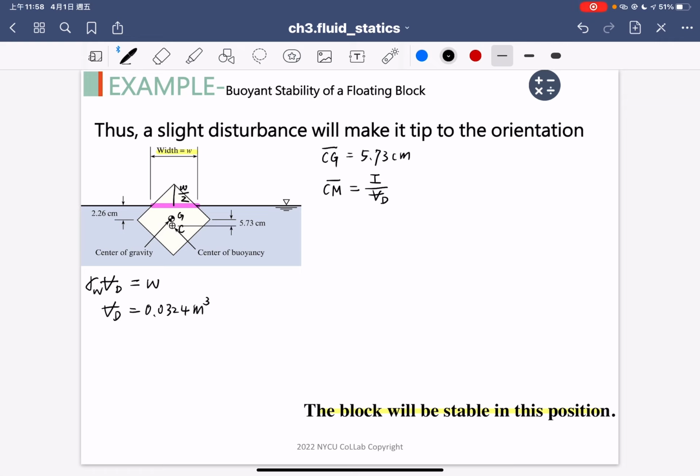We know the VD is the submerged volume here. So the VD will equal the total volume minus the triangular shape here. What is the total volume? The total volume is 0.3 multiplied by 0.3 multiplied by 0.6, right? The width, the height and the length along the longitude.